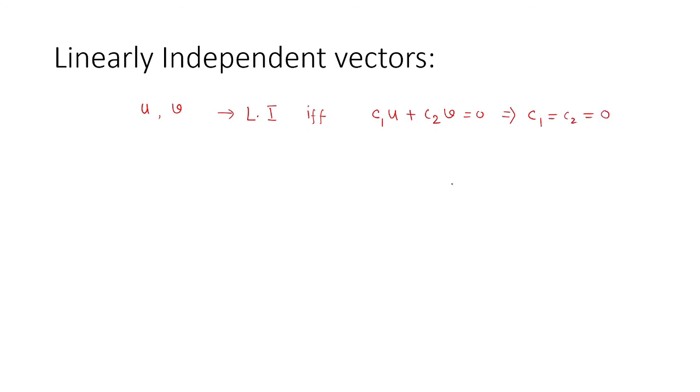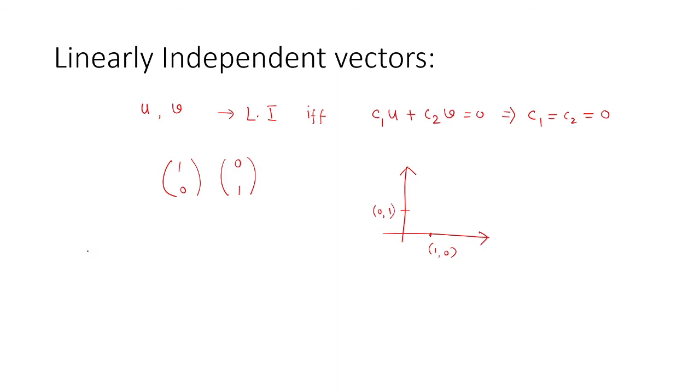If this happens, then we call the vectors U and V linearly independent. For example, take the two vectors (1, 0) and (0, 1). If we draw in the x and y axes, one is a unit vector (1, 0), and another is a unit vector (0, 1). So these two vectors are linearly independent.